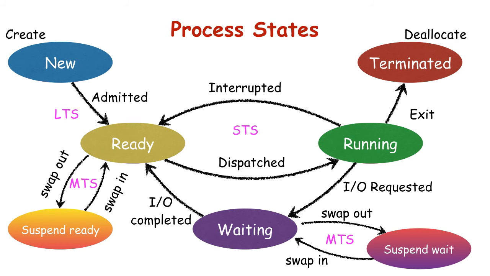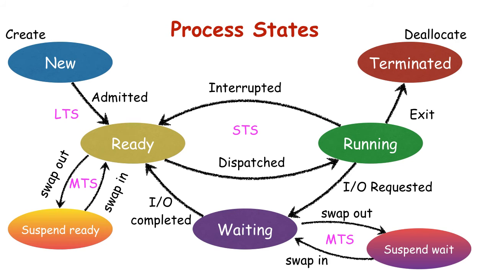Once that operation is done, it will go to the ready state, and then it will be dispatched to the running state again. In the running state, if the process terminates, it will go to the terminated state, and in the terminated state, it would deallocate all the resources that were allocated to it prior.